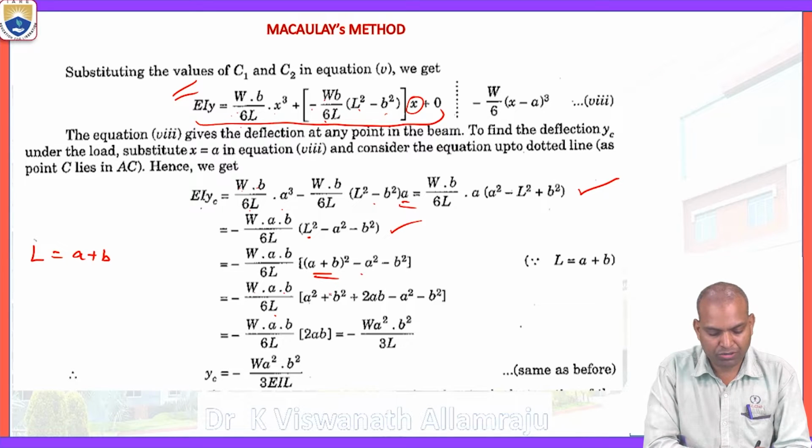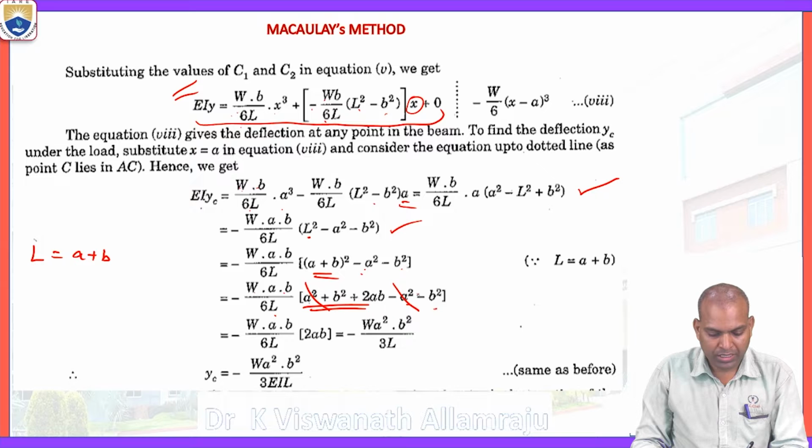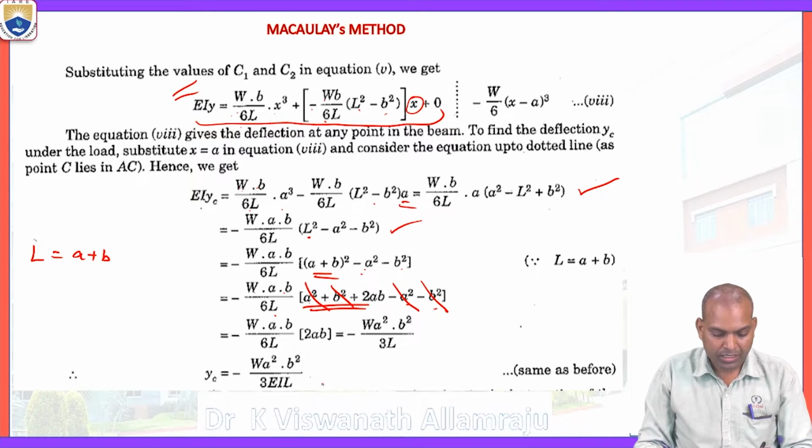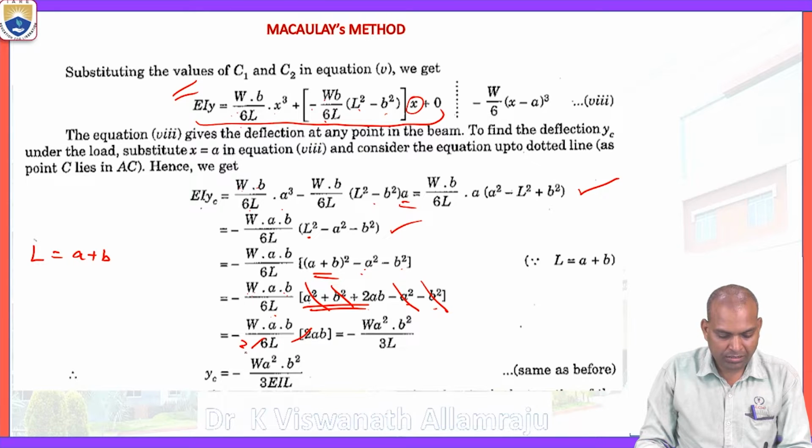Simplify: A square plus B square plus 2AB, minus A square, minus B square. Positive and negative terms will be cancelled, both A square and B square. Then what is left here is W times WAB by 6L times 2AB. Then the 2 gets cancelled with 3 times. So W A square B square by 3L.